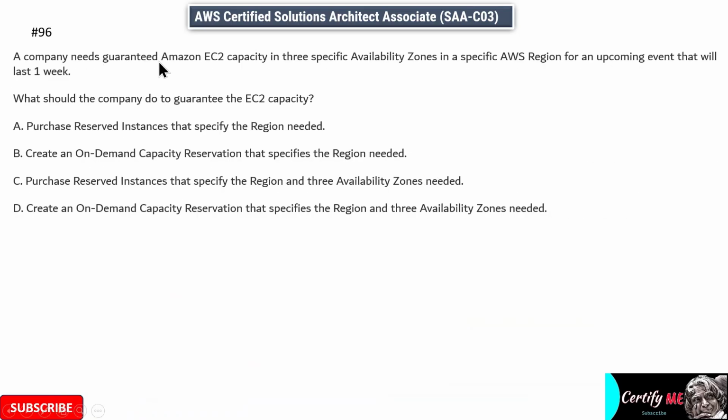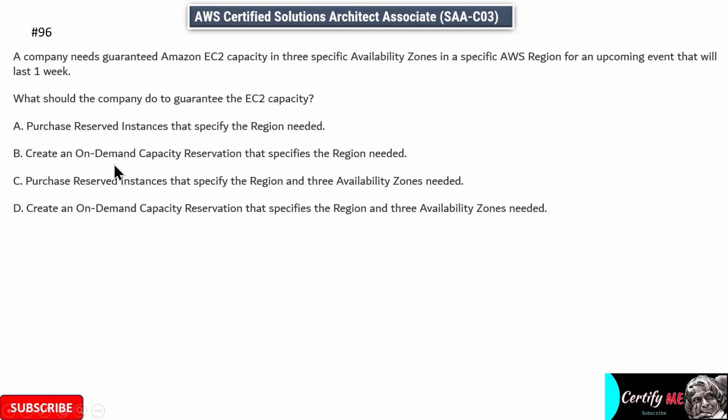A company needs guaranteed Amazon EC2 capacity in three specific Availability Zones in a specific AWS Region for an upcoming event that will last 1 week. What should the company do to guarantee the EC2 capacity? Option A. Purchase Reserved Instances that specify the Region needed.